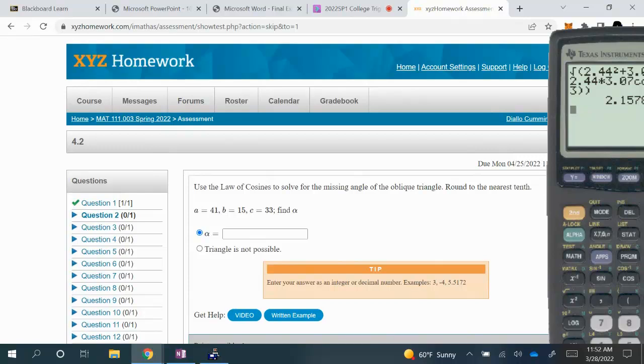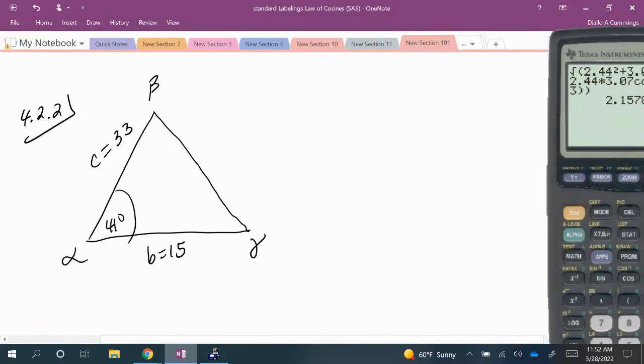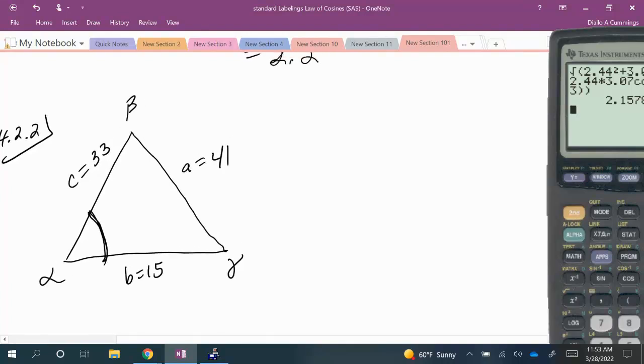We're given A, B, and C. All right, so A is 41, B is 15 and C is 33. We're asked to find alpha.